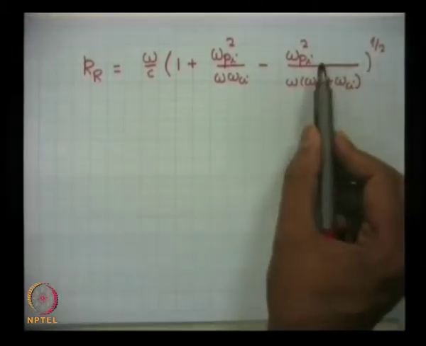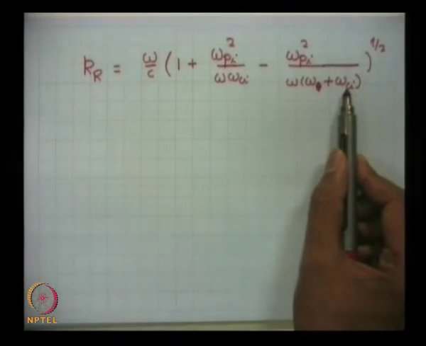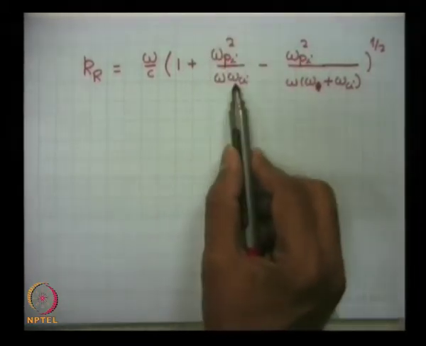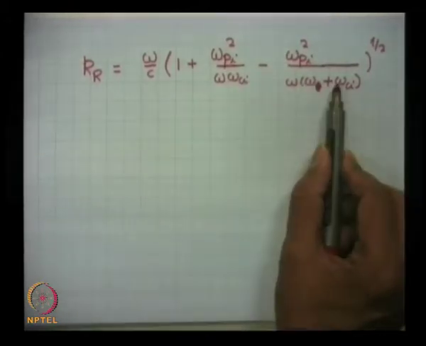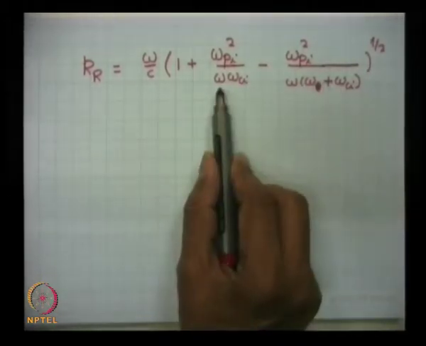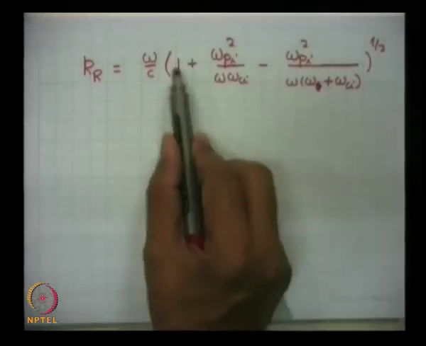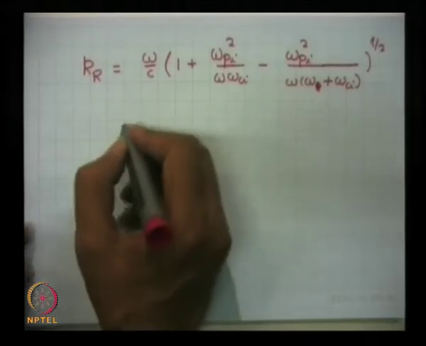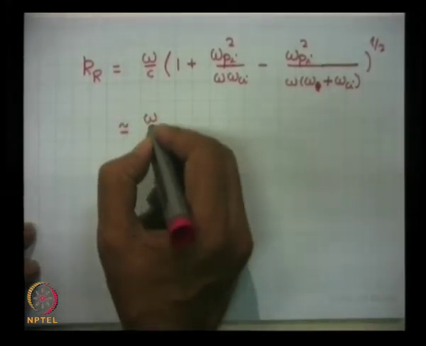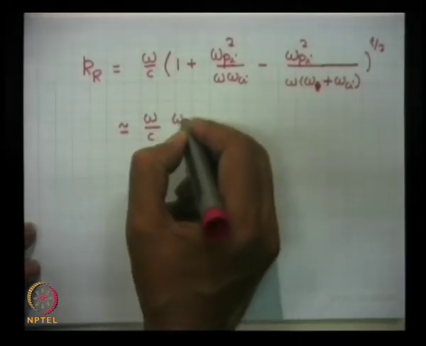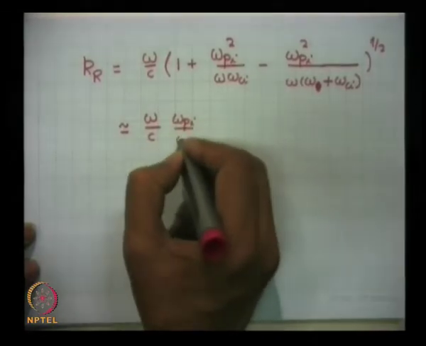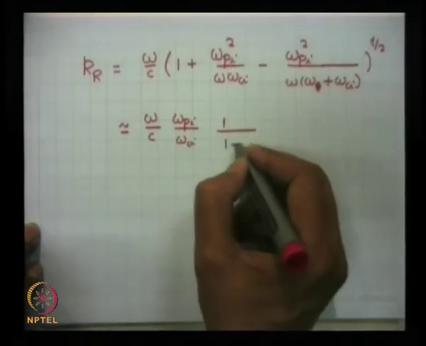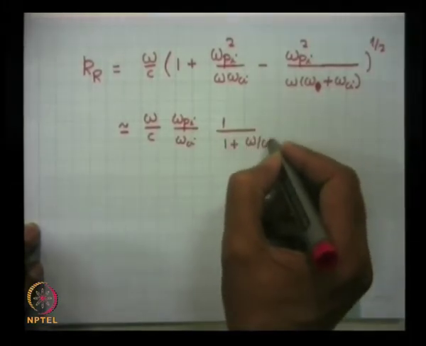The ion term certainly has a larger denominator than the electron term, and consequently the positive electron term will be more than the ion term. And because the frequency is very low, the electron and ion terms are both much bigger than 1. I can ignore 1. So, adding these terms, this becomes nearly equal to omega by c into omega pi by omega ci divided by 1 upon 1 plus omega upon omega ci.